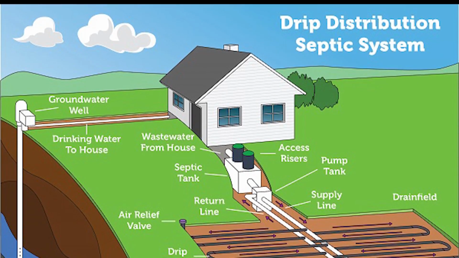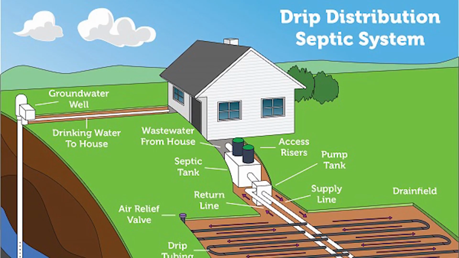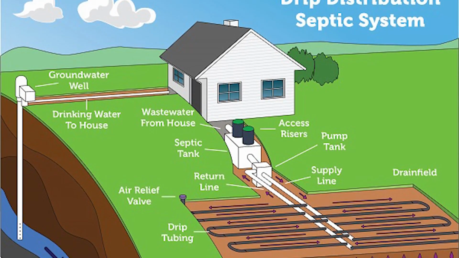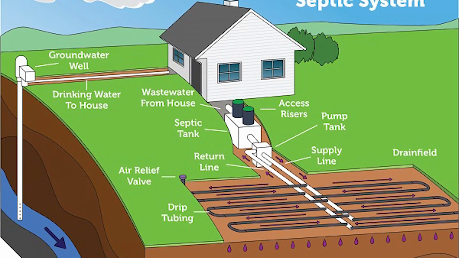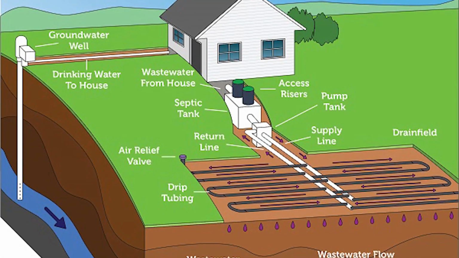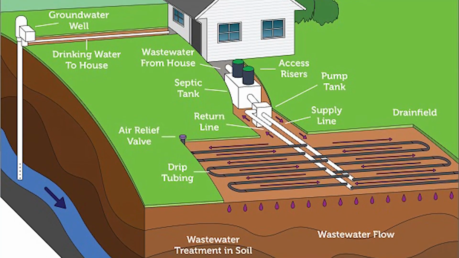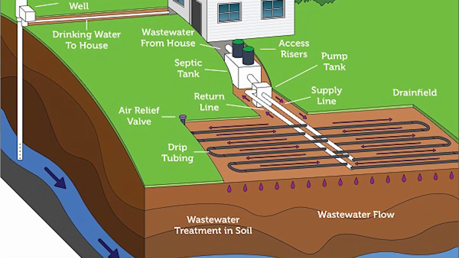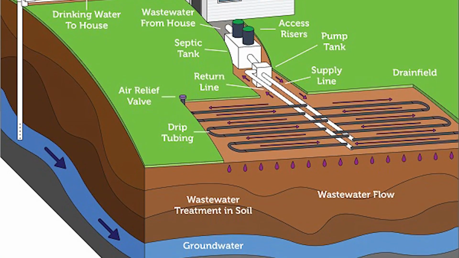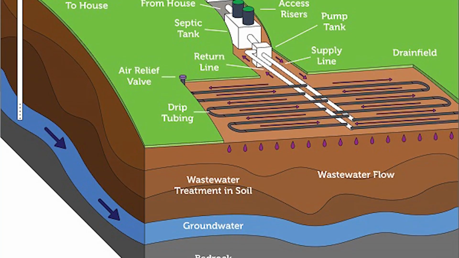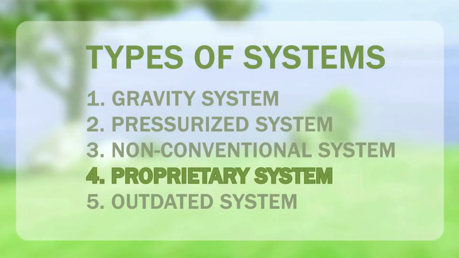Drip dispersal is a highly sophisticated type of sewage disposal system that utilizes a control panel, a filter, electronic solenoids, pressure regulators, and check valves to send microdoses of sewage effluent to the on-site soils at equal intervals throughout a 24-hour period. Non-conventional systems require regular maintenance by qualified professionals and should be serviced at least once or twice per year.